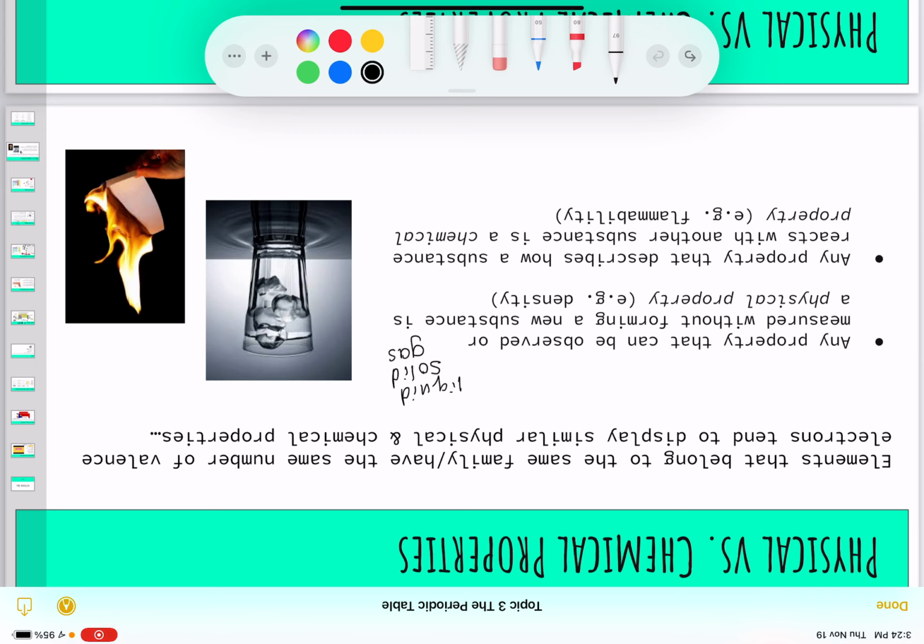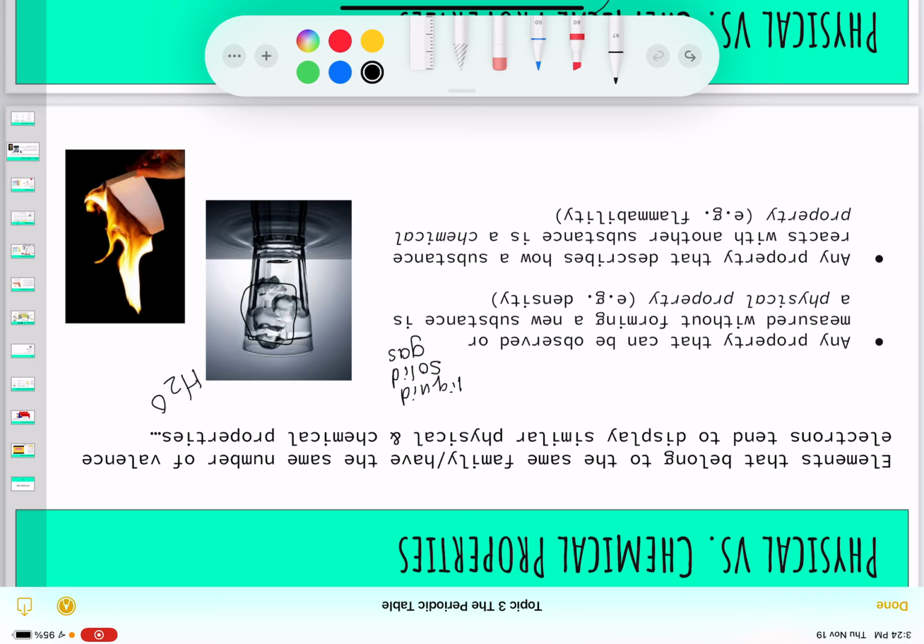Water is one of the ones that we can see, and that's basically a physical change, not a chemical. So even though there's liquid water here, and then there's solid water, which is ice, it's still water. It's not changing its property. It's still H2O. All right? That would be a physical property change.